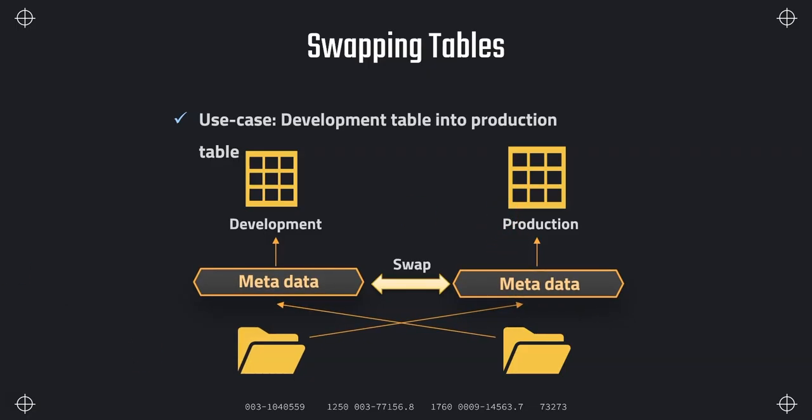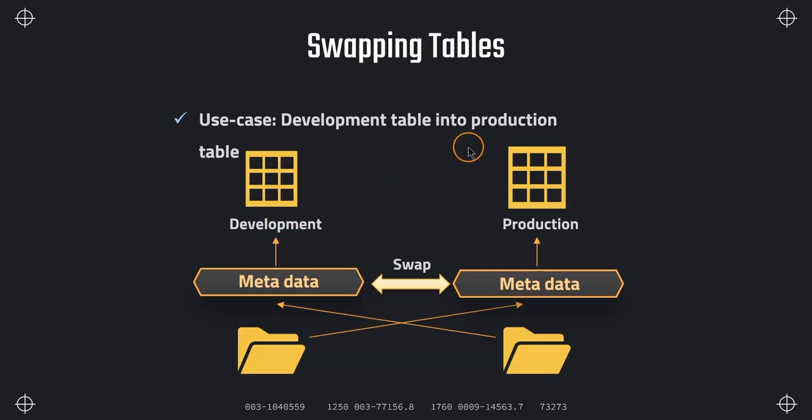We want to understand that when a table is stored in Snowflake, it is not actually stored in Snowflake itself, but the underlying data of the table is stored in an external cloud provider, and we just have the metadata associated with this table so that we can work on this table, do our queries and so on. And this swapping is also just a metadata operation.